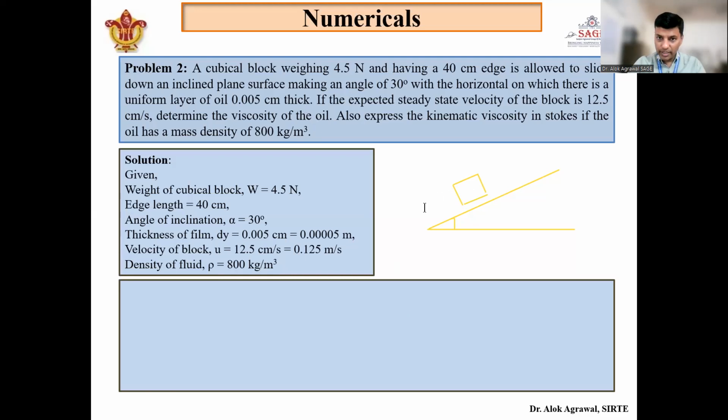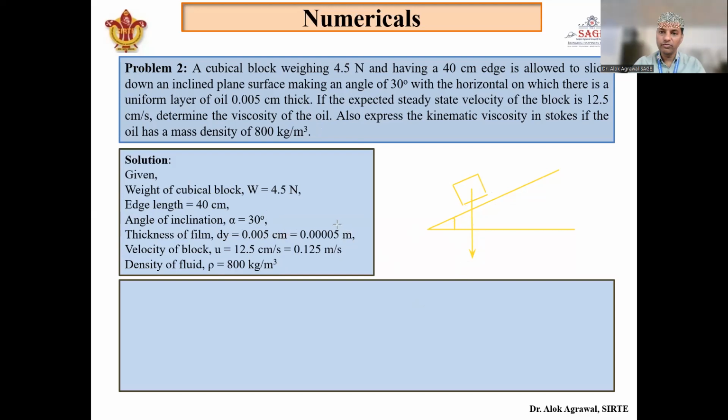Now this block is sliding downwards. Its weight is acting downward, that is 4.5 Newton. It is always acting downward. Edge length, this length is given 40 centimeter. So for cube, every side is 40 centimeter. Angle of inclination is 30 degree. And the space between this block and this inclined plane is dy, which is given 0.005 centimeter.